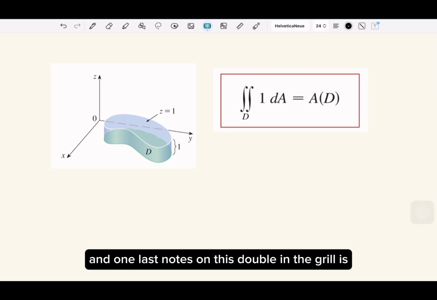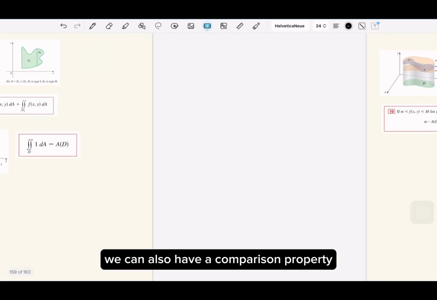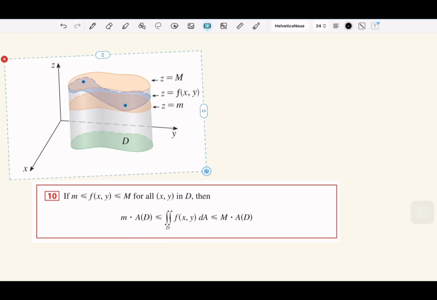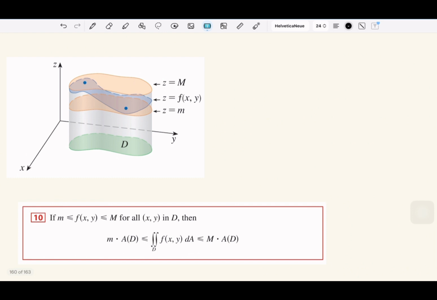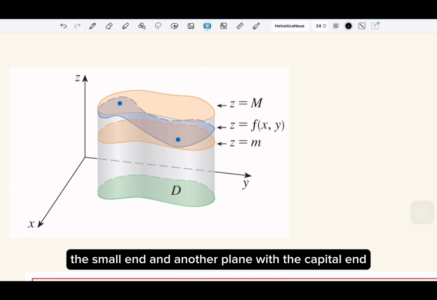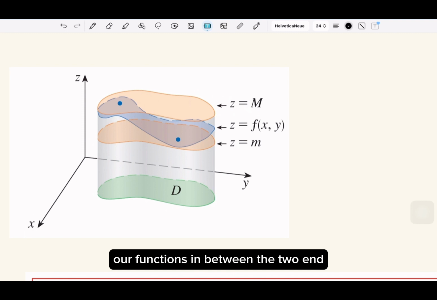And one last note on this double integral is that we can also have a comparison property, just like in our Calculus 1. So let's say we have a plane, the small m, and then another plane with capital M, and our surface is in between. Our function is in between these two, m and M, okay?